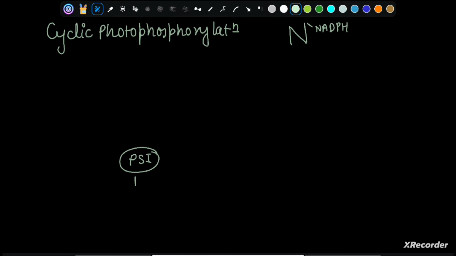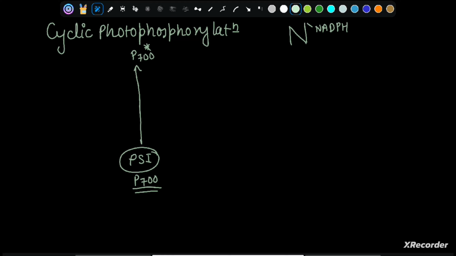PS1 system, also known as P700, absorbs the far red light of 700 nanometer and gets excited to P700 upstream. Okay, this is the excited state of the PS1. In cyclic photophosphorylation, PS2 is not at all involved, and since it's the cyclic flow, finally the electrons will move back, okay, to P700.